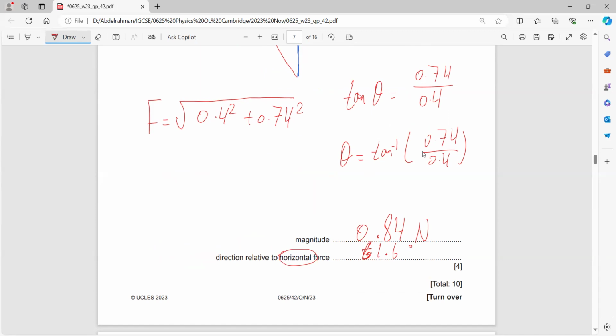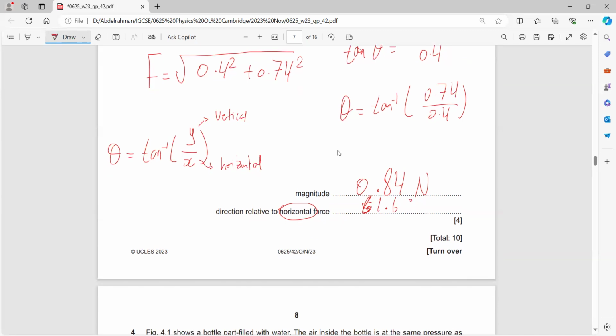Guys, look, whenever he says he needs the direction relative to the horizontal, the theta or the angle would be tan inverse y over x. What do I mean by tan inverse y over x? Tan inverse vertical over horizontal. If for some reason he says relative to the vertical, which is very rare, what should I do?